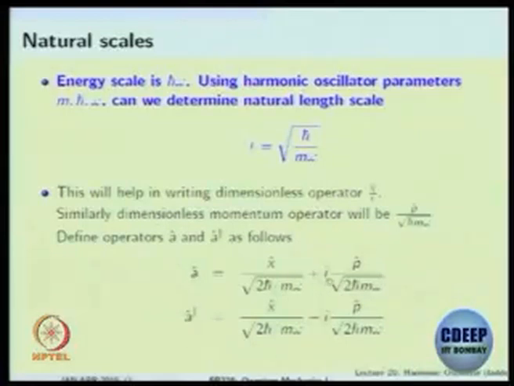You can see that plus i, the imaginary i, becomes minus i. Just to make my math simpler, I have introduced the square root of 2 here. So the x operator divided by root h cross by m omega is dimensionless, and the p operator divided by root h cross m omega is dimensionless. The square root 2 is added just to make things simpler, as we will see.